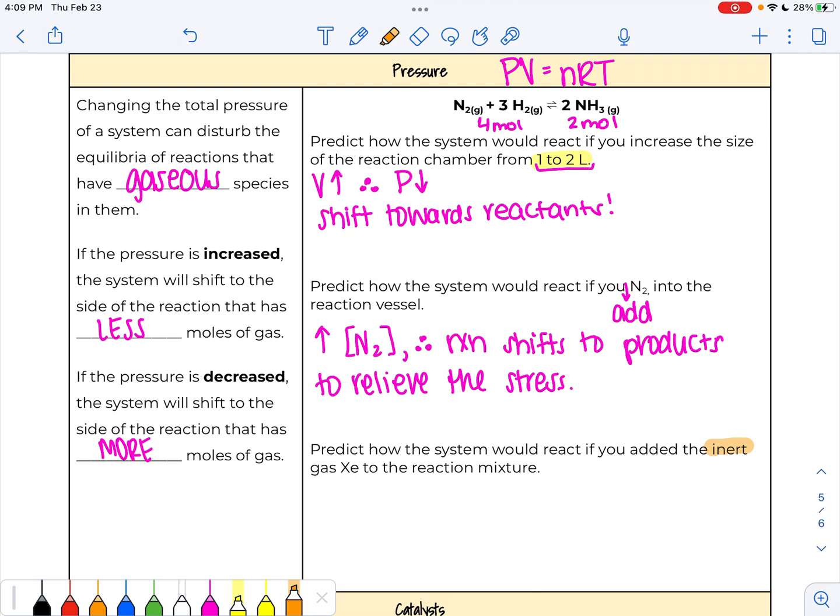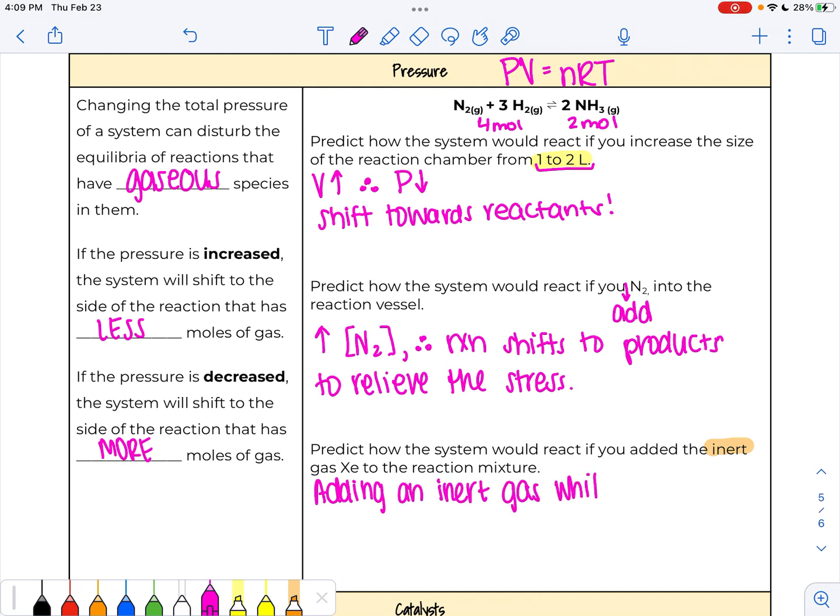If you are adding gas to the system, essentially you're going to be increasing the overall pressure because you're putting in more particles. However, this will not have an effect on the equilibrium position of the reaction. Inert gases do not affect equilibrium positions. Key, need to know. So let's write it out.